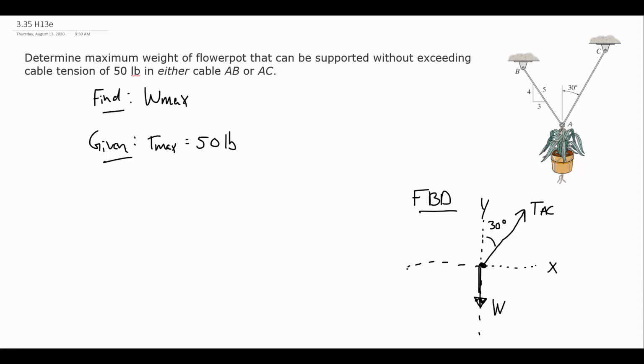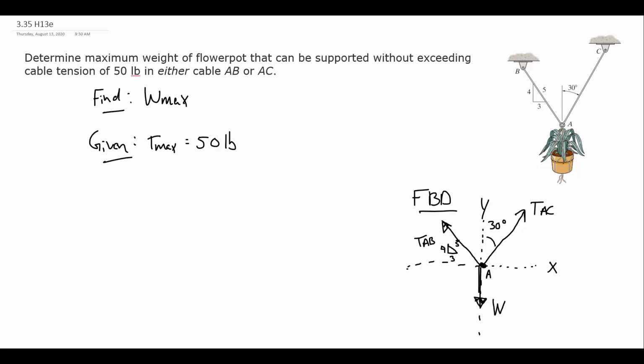And then the other cable here is going to be the tension from AB. As far as its orientation or its direction, we were given this 3-4-5 ratio triangle, so I will just stick with that. All right, so our free body diagram contains our point of interest, which is point A. I'll mark it here. It contains all of the forces that act on A: the weight of the pot, and the cable tensions in AB and AC.